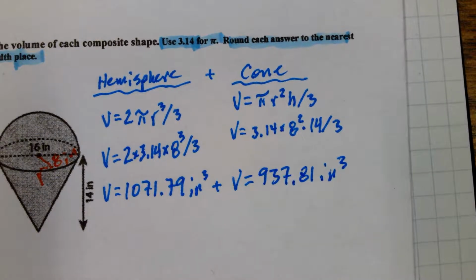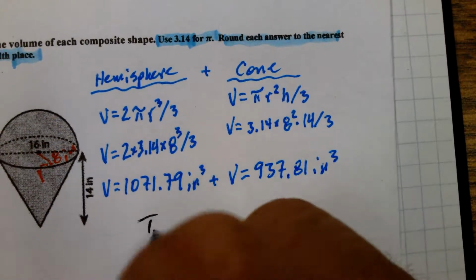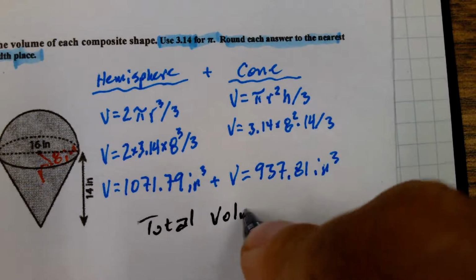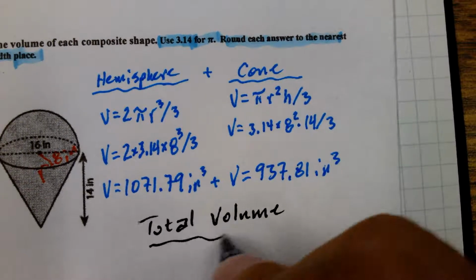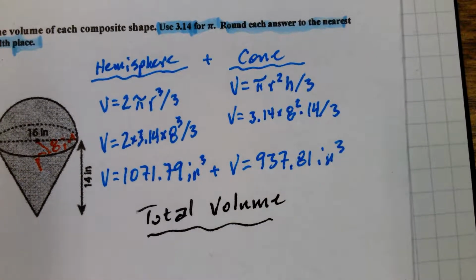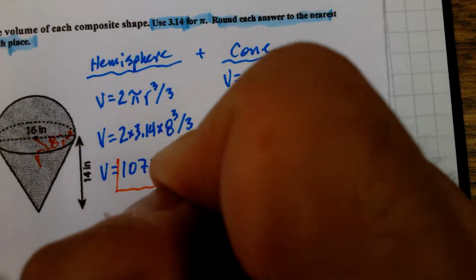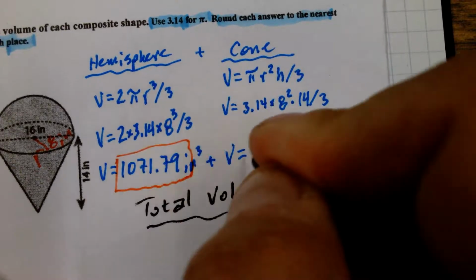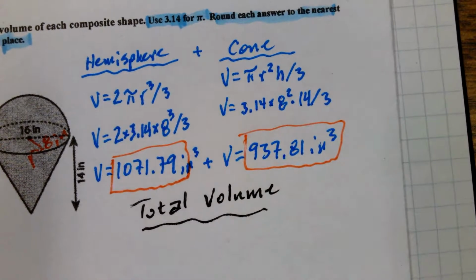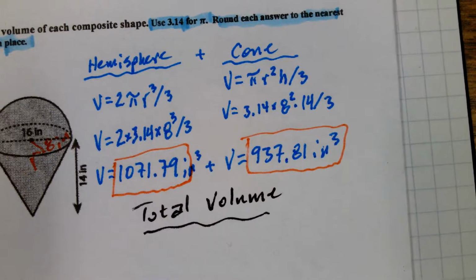Okay, do me a big favor. We want the total volume. To find the total volume, add these two numbers, please. So take 1071.79, add it with 937.81. So punch that into your calculators, please. Let's see what we get. And that's going to be the volume for the whole composite shape.